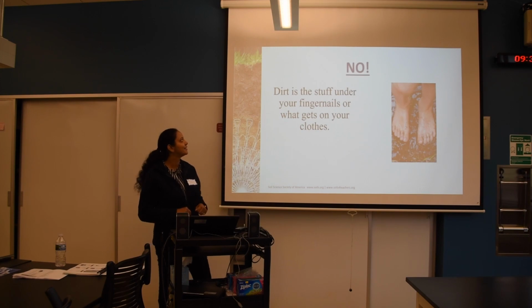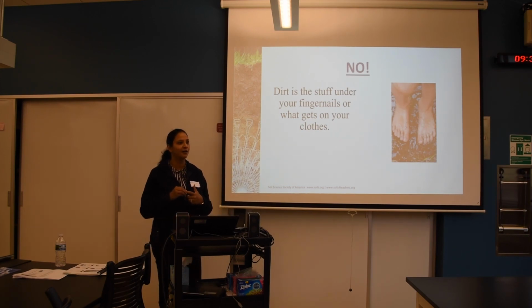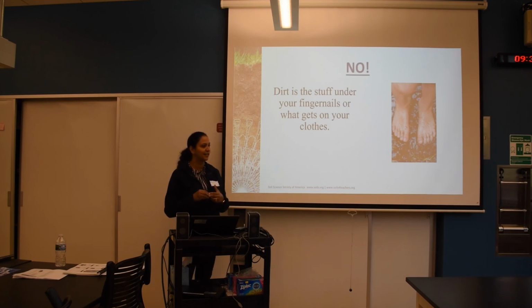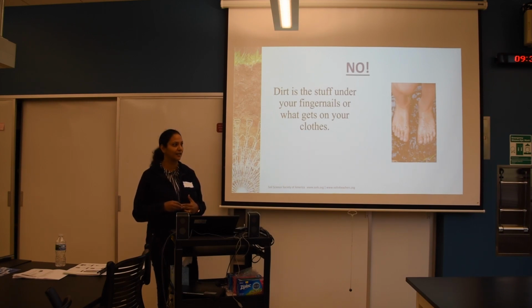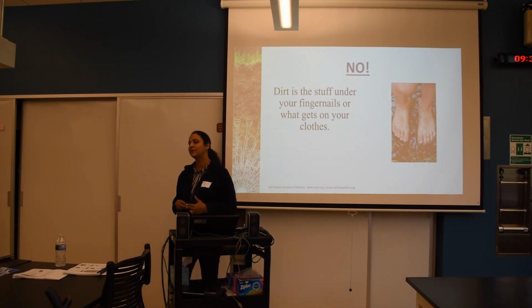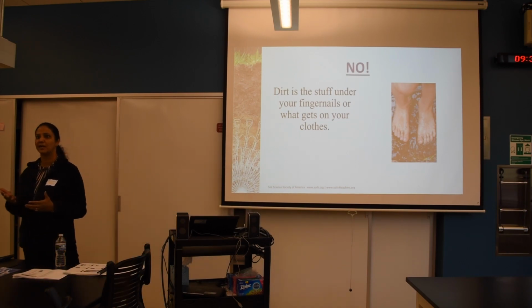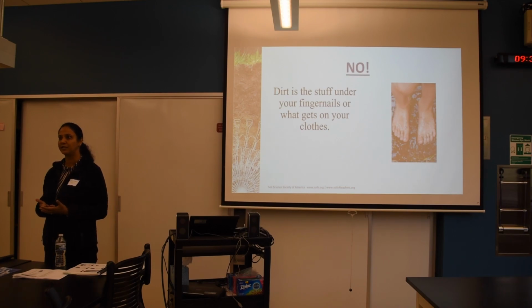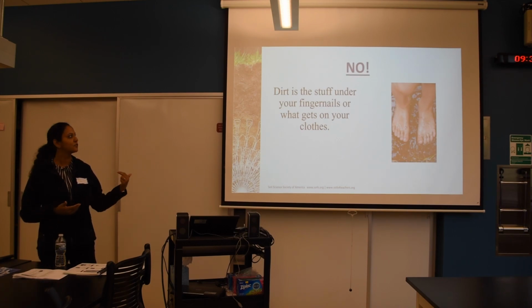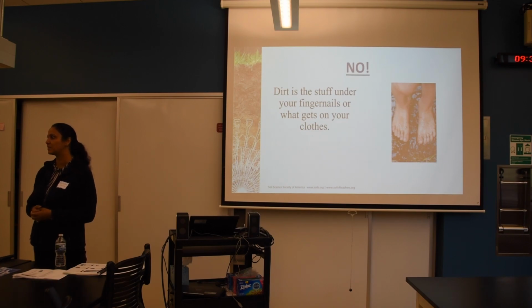So what is dirt? Dirt is any stuff under your fingernails, or when we get dirt on our clothes. It's all dead material. It's not living material. It doesn't have any characteristics to support life. Just like weeds are plants which are out of place, similarly the soil which is out of place is termed dirt.